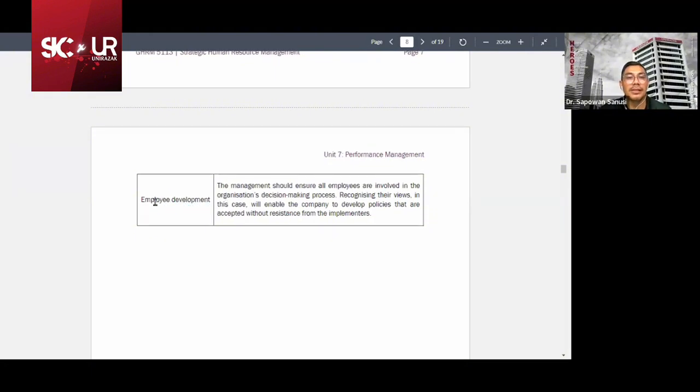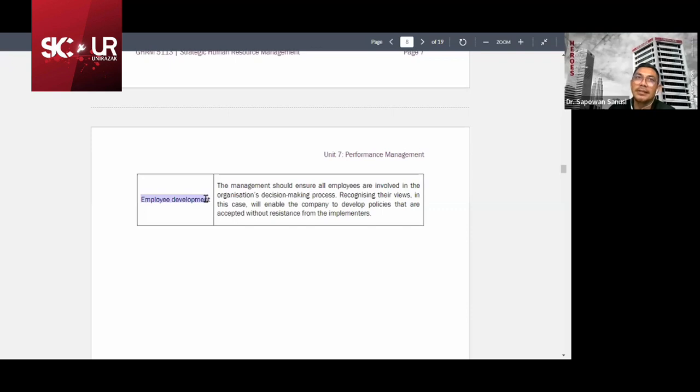And the last one, employee development. This is the most yang perlu ada. Why this performance management is crucial to your high performance work system is because they have the employee development side. Ini mesti ada. Dalam chain of performance management, mesti ada employee development at the end, after appraisal.